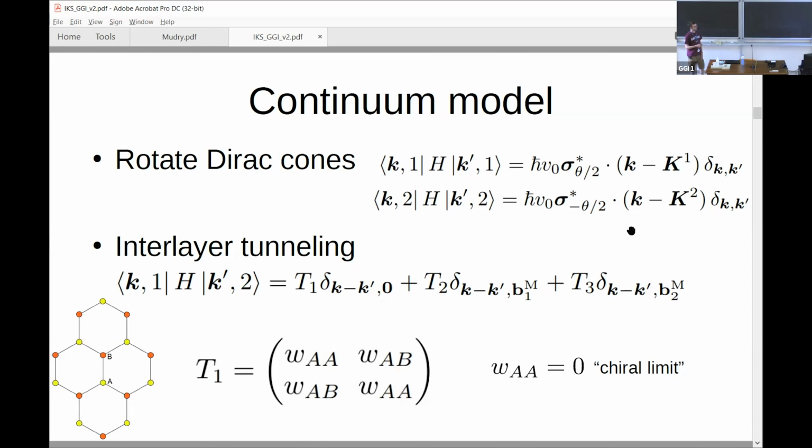The diagonal part within layer 1 is just given by this Dirac cone, where the theta over 2 indicates that I'm rotating the Pauli matrices by the angle theta over 2. And in layer 2, I have the same, but twisted by the opposite angle. In addition to that, I need to switch on some interlayer tunneling terms, where T1, T2, and T3 are these matrices in sublattice space.